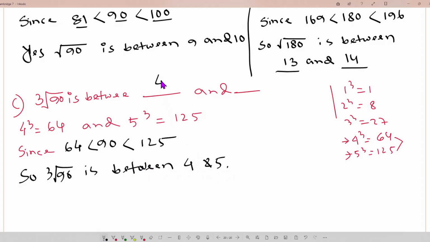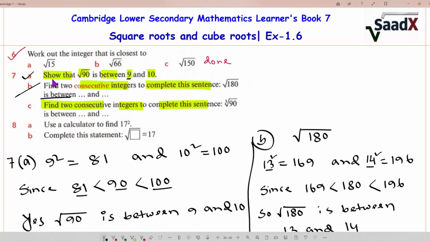So our answer is 4 and 5. Okay, so very simple. We are trying to find out the result. Number 7 done.